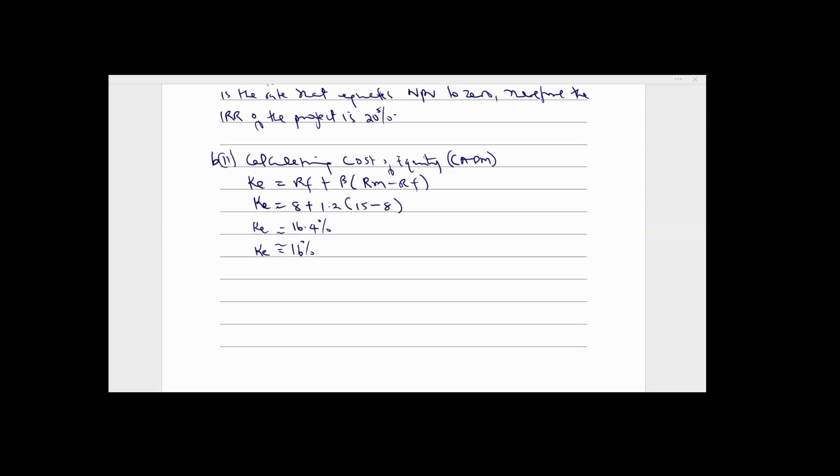So the examiner is now asking you to advise whether you will recommend introducing the products. Therefore, to answer that, I would then say the company's required rate of return is 16% as calculated above, relative to the project's internal rate of return of 20%.